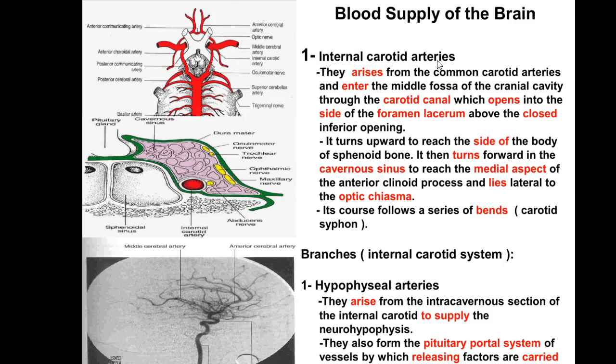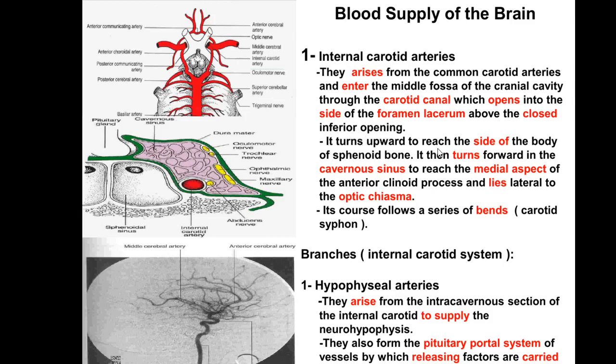The internal carotid arteries. They arise from the common carotid arteries and enter the middle fossa of the cranial cavity through the carotid canal, which opens into the side of the foramen lacerum above the closed inferior opening.